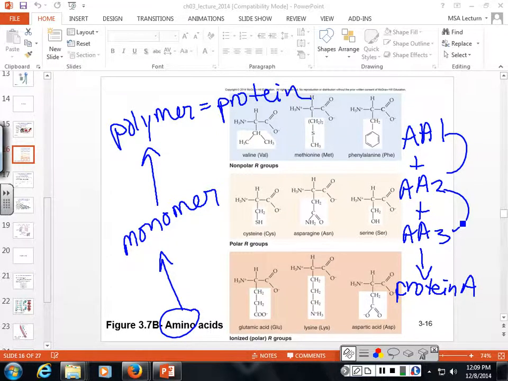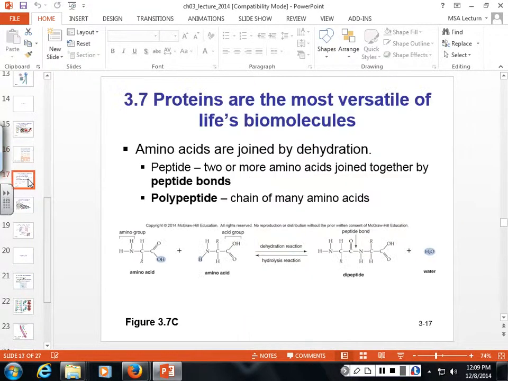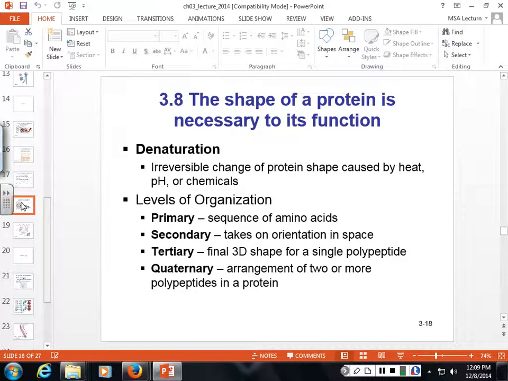That would be dehydration reaction, right? So, showing you how amino acids are joined together, and I've already mentioned dehydration, so I'll let you look at that slide. I won't go over it in more detail.